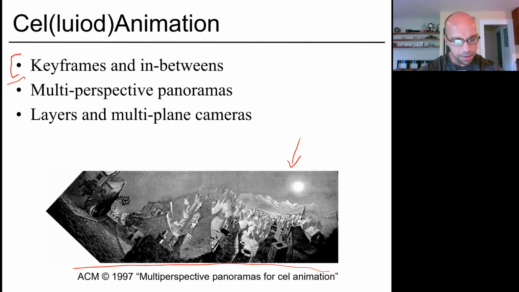And then finally, another technique that got invented in the cel animation world was to composite a scene together using layers and even multiplane cameras. So the different layers might be the different characters in the scene, drawn on some transparent material so that you can stack them on top of each other and see the whole scene composited together.